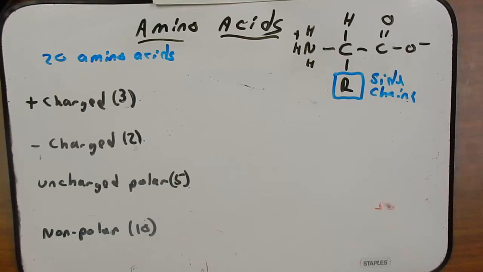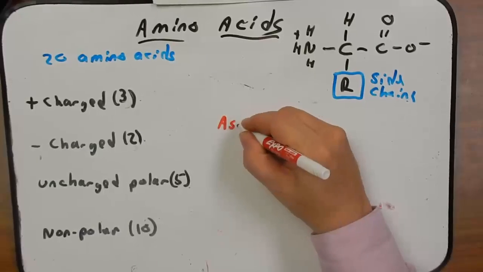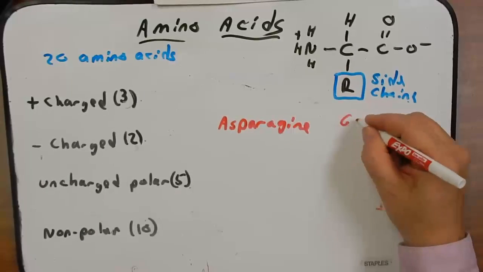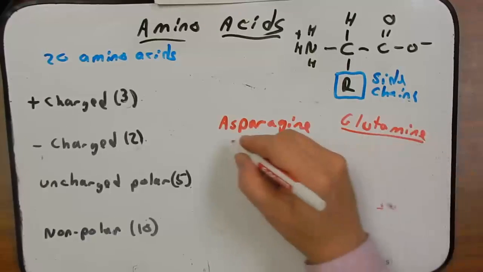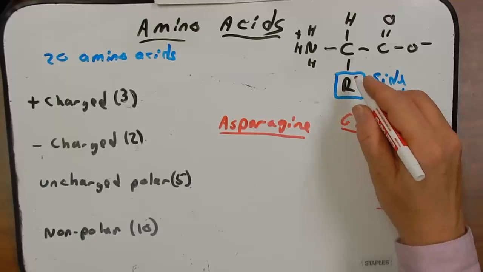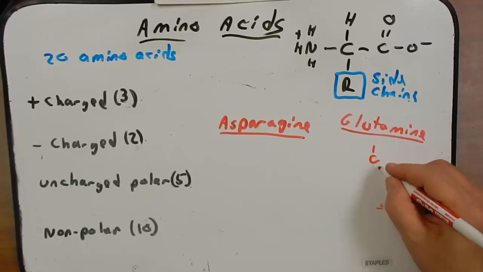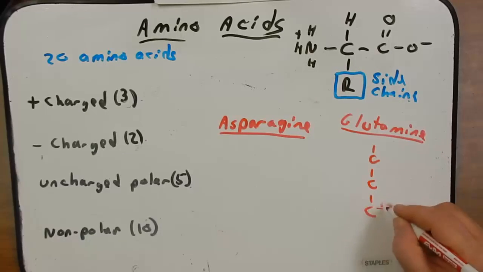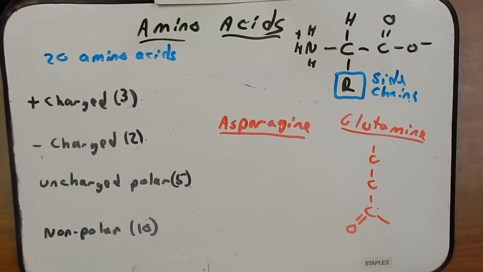Okay, next let's talk about our 5 uncharged polar. We have asparagine and glutamine. They're similar to the structures of aspartic acid and glutamic acid with a noticeable difference. Just like with their acid counterparts, glutamine has 3 carbons forming this R group, but instead of having that O there, it has this amino group.